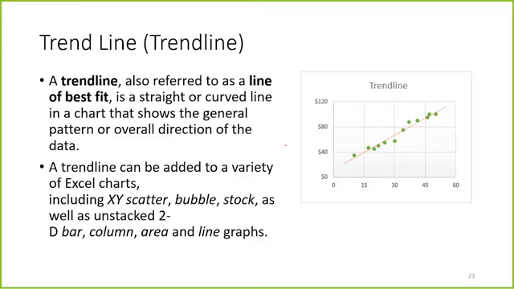It could be a straight line, or it could be a curved line in a chart that shows the pattern or the direction of your data points. So trend line can be added in Excel in a variety of Excel charts. Of course, scatter plot, but you can also add trend line in bubble plot, in stock plot, in 2D bar, 2D column chart, area chart, or even line chart.